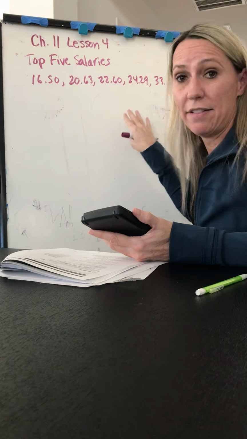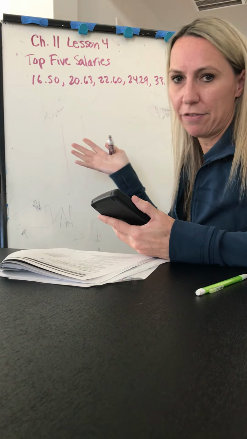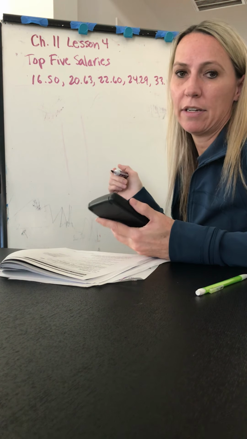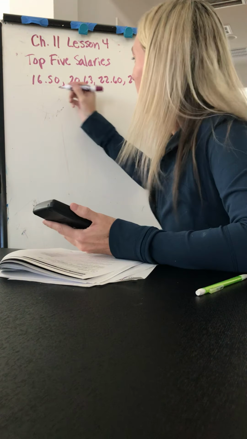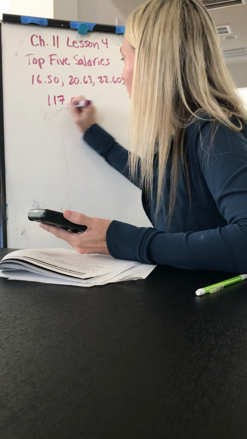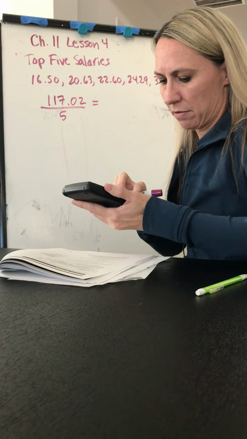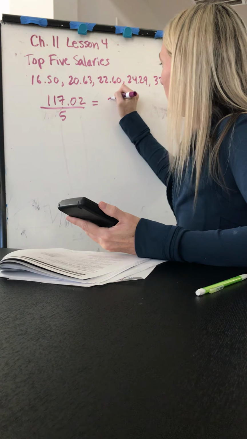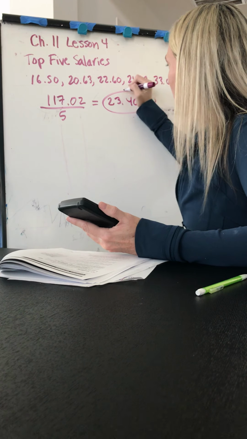You need to know how to add these by hand, but I would spend your time worrying about how to do this lesson, which is the mean deviation, rather than adding. So I get 117.02, and I'm going to divide that by 5. That gives me the mean, which is 23.404.